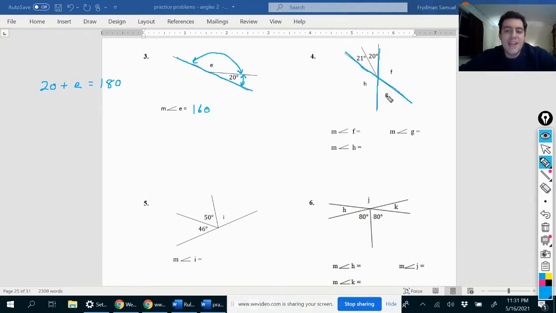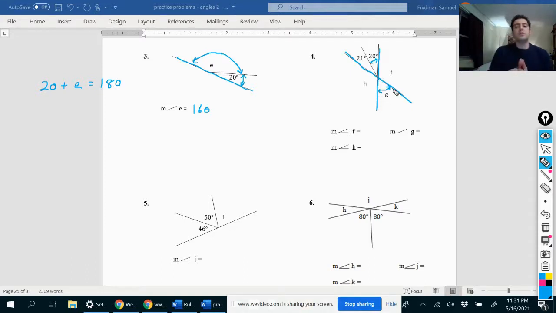Is angle G vertical to this 20-degree angle over here? No, it is not, because they do share this side, but not this one over here. This side has nothing to do with angle G.